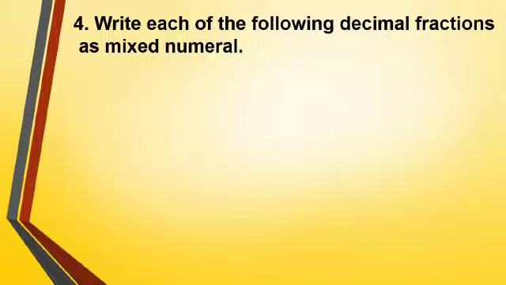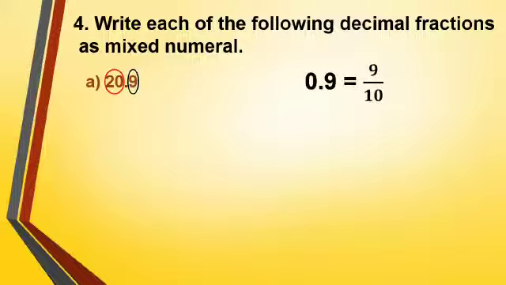Question number 4 is write each of the following decimal fractions as mixed numeral. In the A part, a mixed decimal number 20.9 is given. 20 is the whole part and 9 is the decimal part. Consider 0.9 first, which is the decimal part.